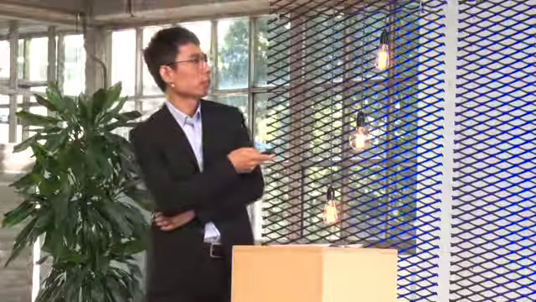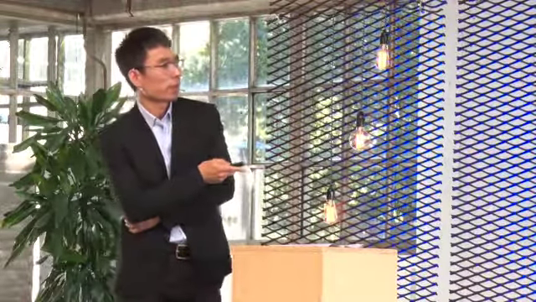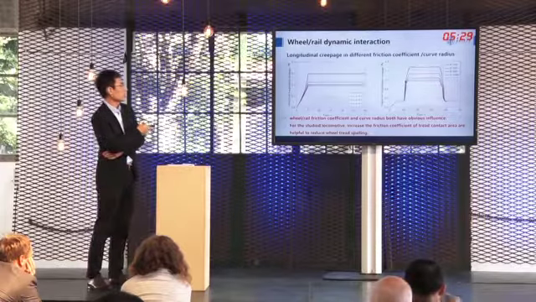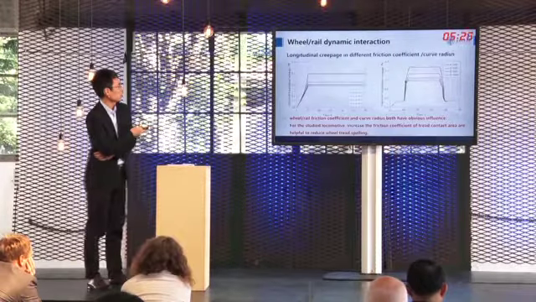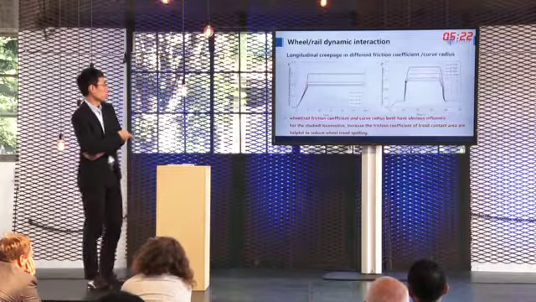So how can we decrease the longitudinal creepage? We analyzed the friction coefficient and the curve radius. It is true that with the increase of the wheel-rail friction coefficient, the longitudinal creepage decreases obviously, and in large curves, the longitudinal creepage is decreased significantly.